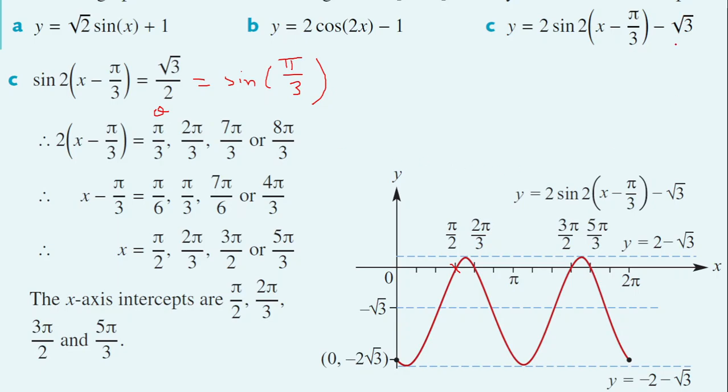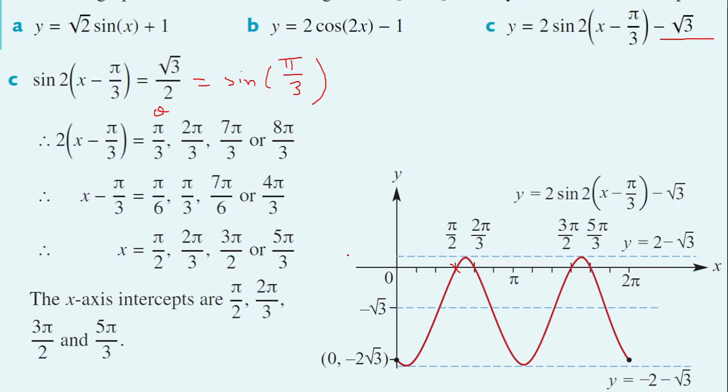Remember, with your graph you have a minus root 3, so it's a vertical translation from 0 to negative root 3. You can also determine your maximum by doing, this one is 2, it should be 2.